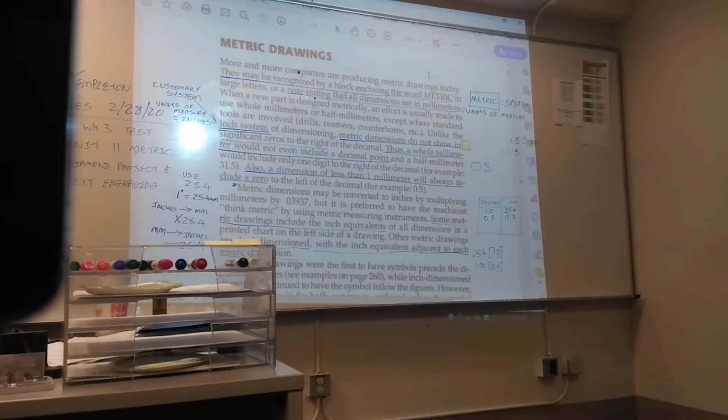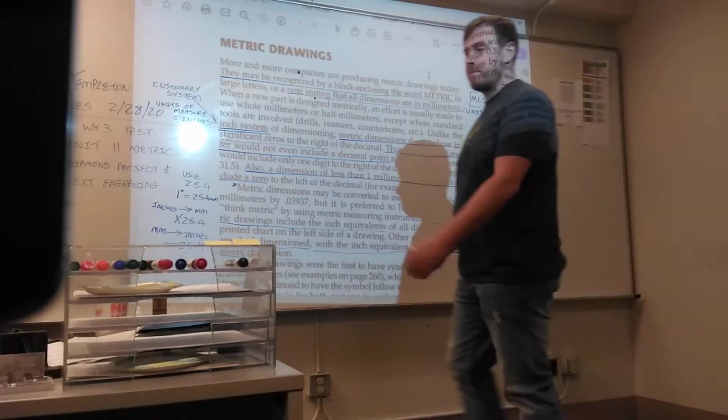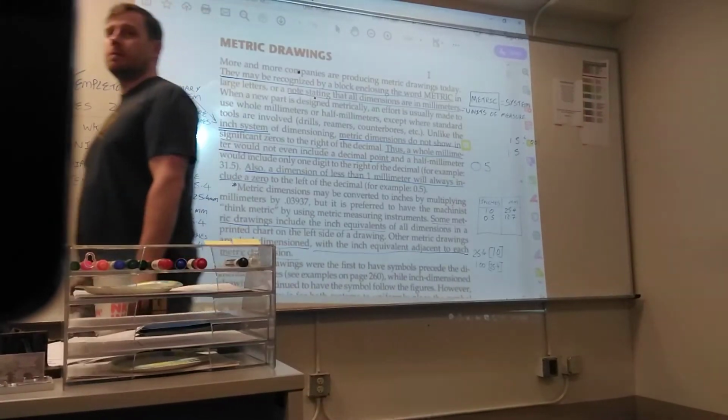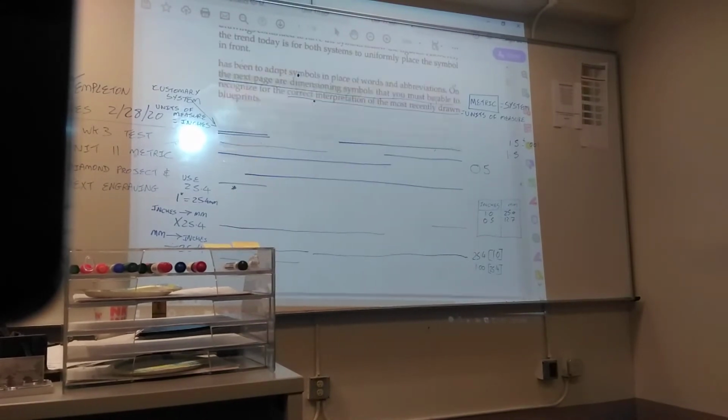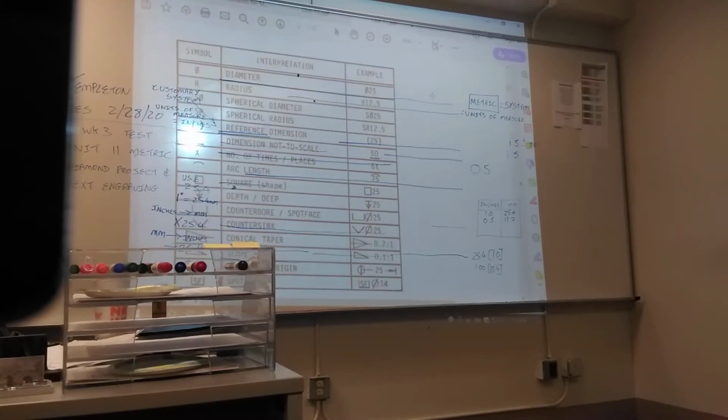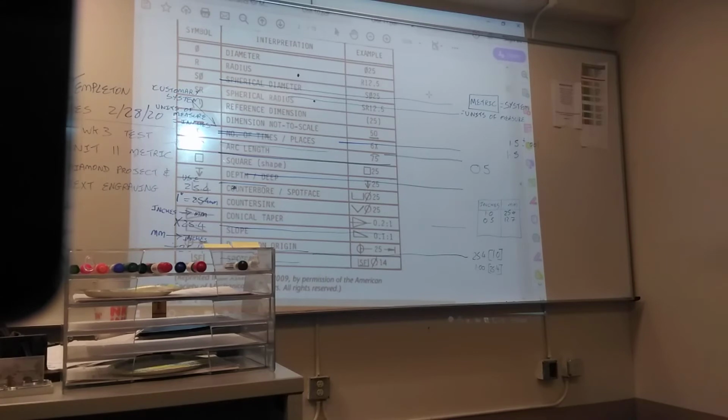Any questions so far? If you get a print and it's entirely in millimeters, would the first step be to take all the conversions before you do anything? Depends. What do you have to do to the part? If all you're going to do to the part is drill a hole, why do you need to convert everything?